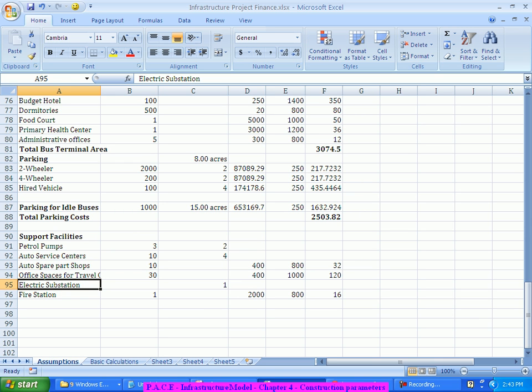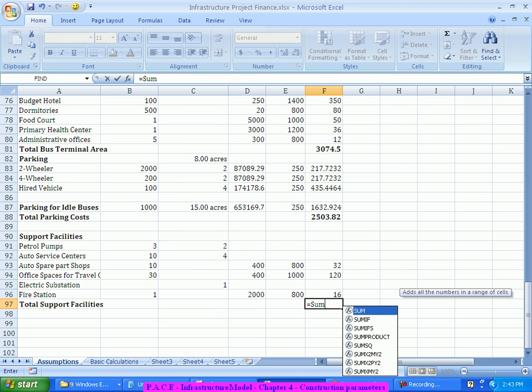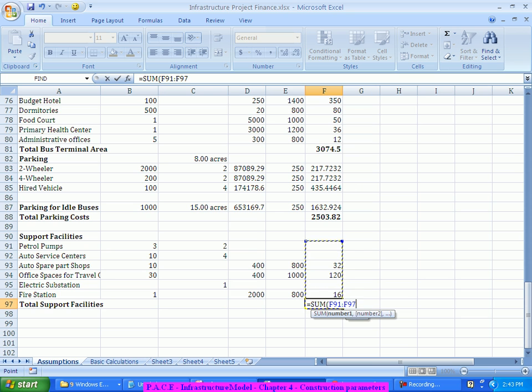Once we add these up, the total support facilities, with this I think our total costs will be over. So these are our total costs.